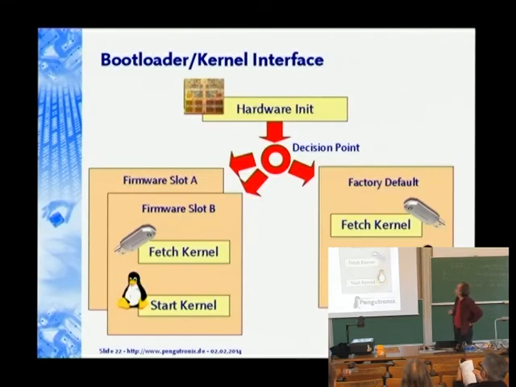And if we remember this image here, where we started the system, came to the decision point, and then wanted to call into one of these, well, call it distributions or Linux systems, then we have one problem. When you have actually started the kernel, then it's quite clear how the next steps look.